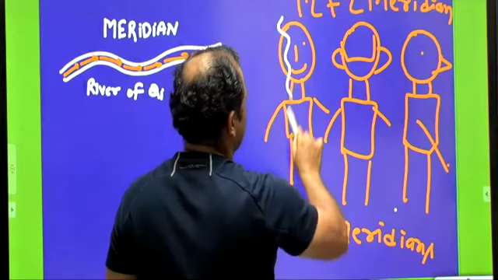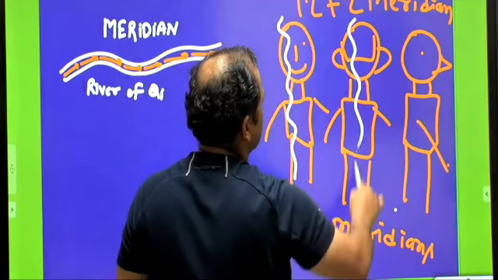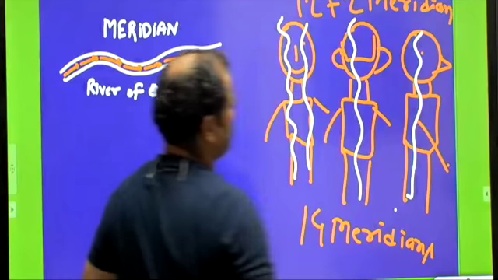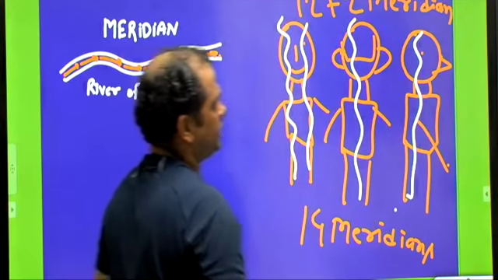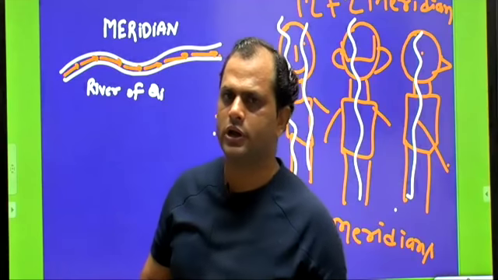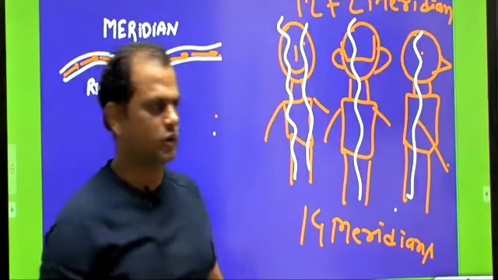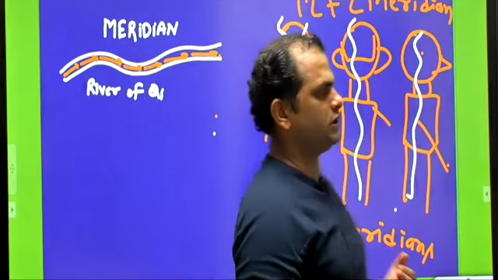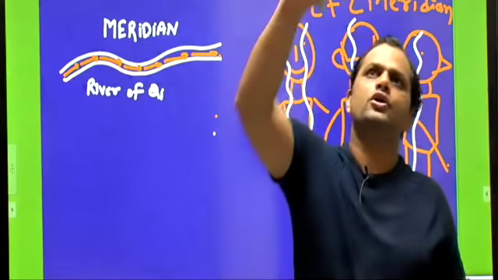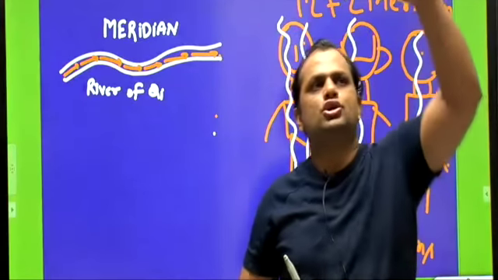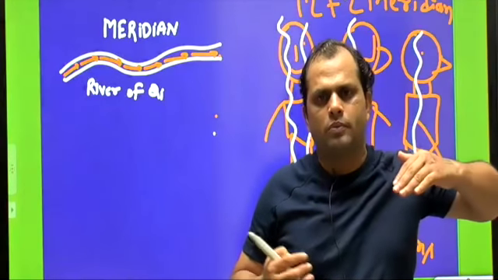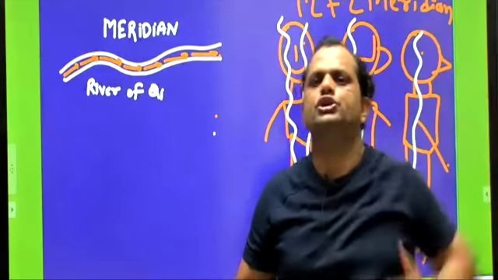So, the 14 energy pathways all around, if we combine the front part of the body, the back part of the body, and the lateral side of the body, all together in the human body, we have 14 rivers. In the rivers, water is flowing, but in the meridians, chi is flowing.